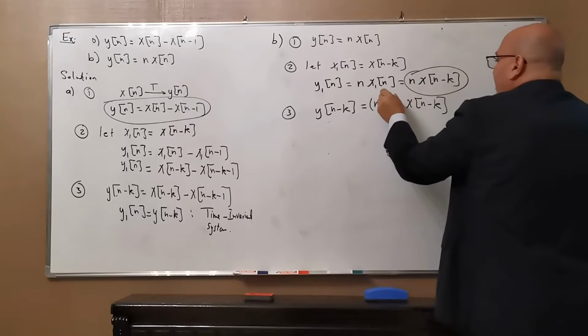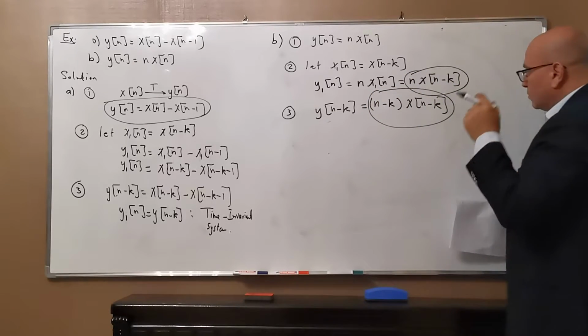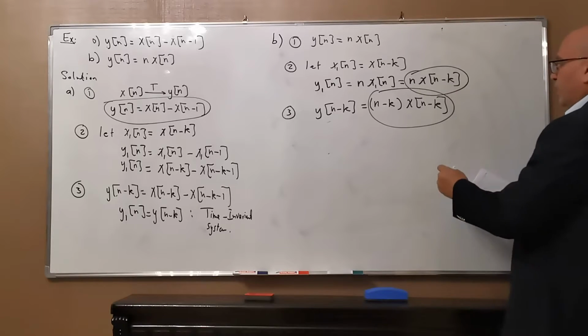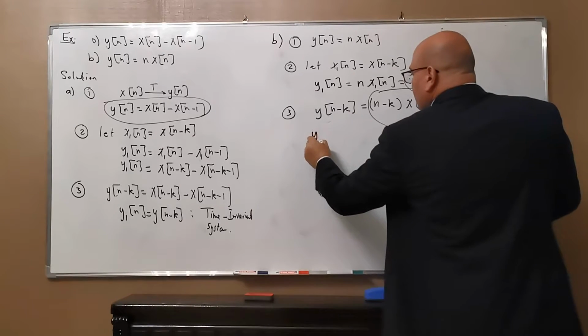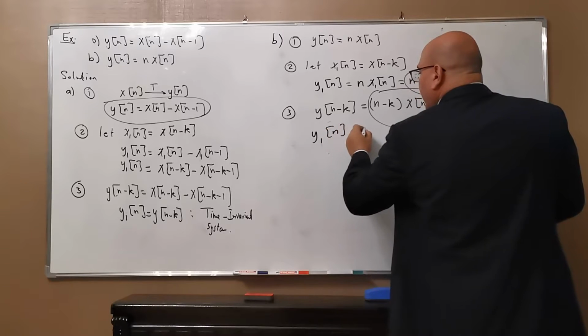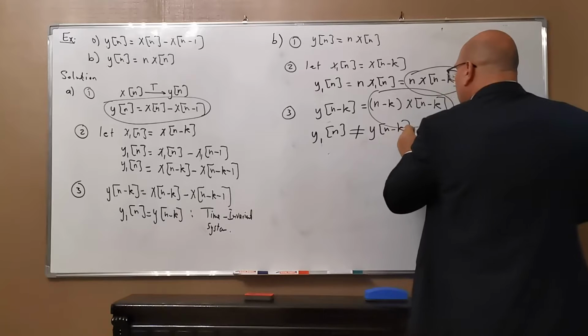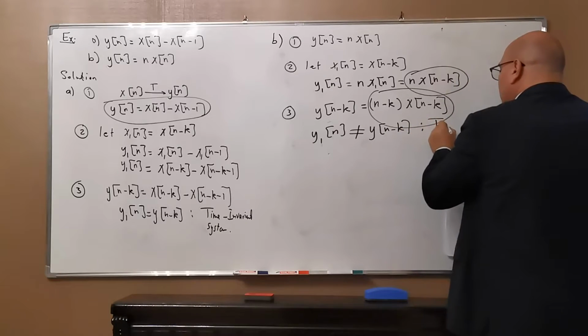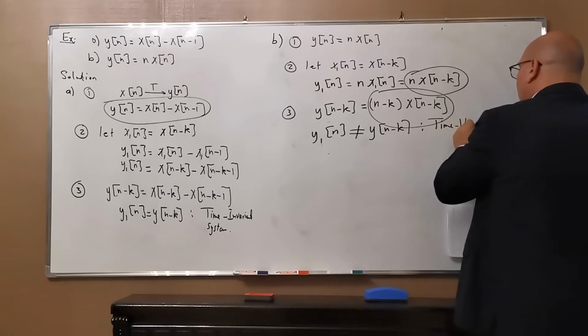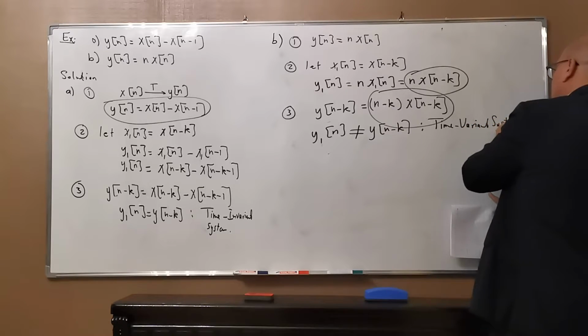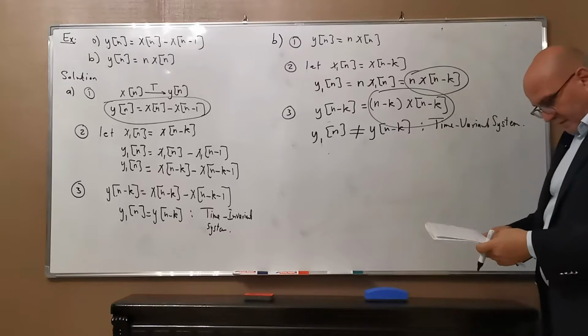Is this one and this one the same? No, they aren't. So y1 of n does not equal y of n minus k. So you have a time variant system.